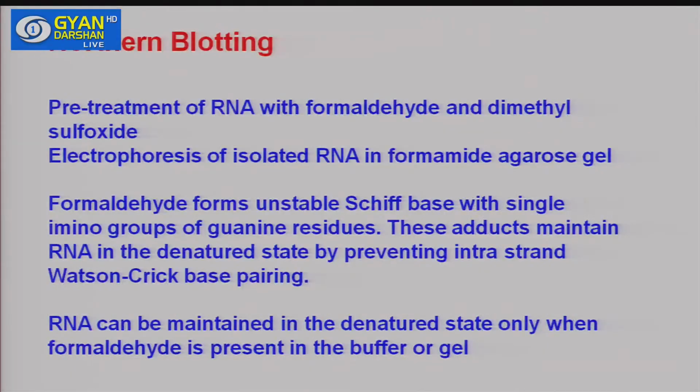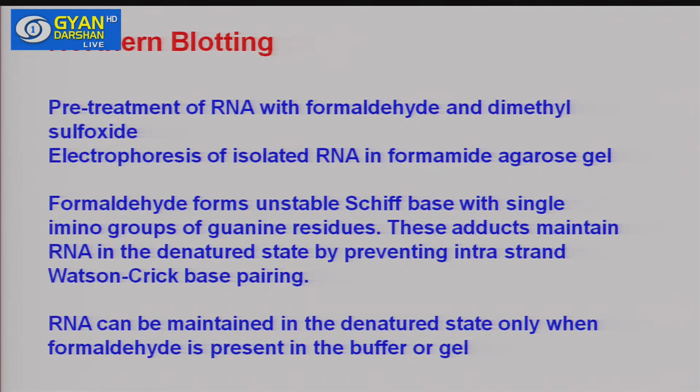Another point which you need to be careful about: in case of RNA gel, although you are running an agarose gel, you have to pre-treat the RNA with formaldehyde and dimethyl sulfoxide. And then you need to electrophorese the RNA in a formamide agarose gel. So it is not an ordinary agarose gel, it is a formamide agarose gel, or you have to use formaldehyde. Why? Because RNA has a lot of secondary structures. Formaldehyde forms unstable Schiff base adducts with single imino groups of guanine residues.